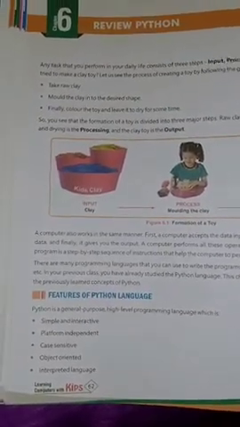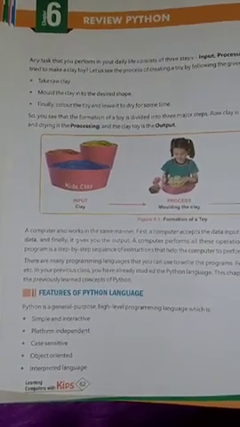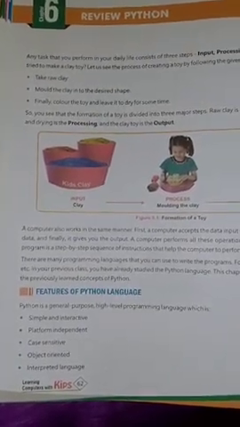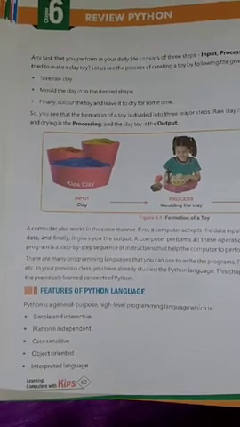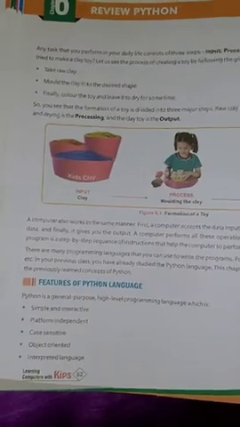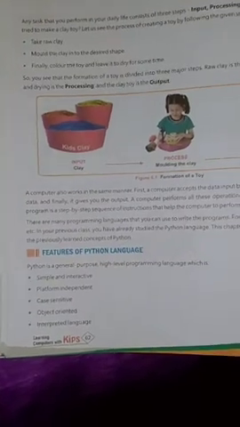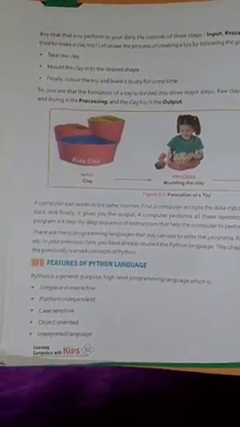So we can say, students, this language is based on OOPs. OOP means object oriented programming. Next, interpreted language. Interpreted means, students, it checks the program line by line.